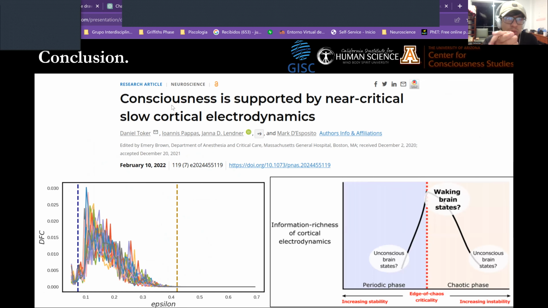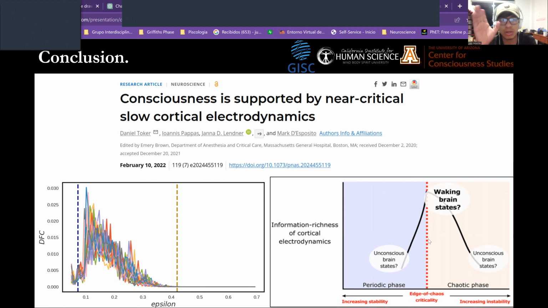The conclusion that we want to give is that in December 2021, Daniel Toker wrote a wonderful perspective paper in which he said that consciousness is supported by near-critical slow cortical electrodynamics. He proposed, from literature and also from experiments, the idea that waking conscious states are at a critical point.